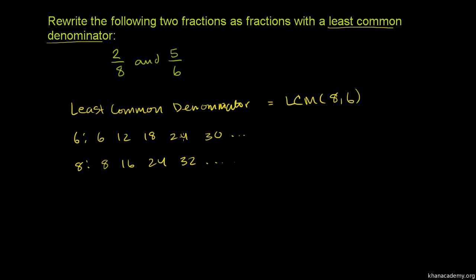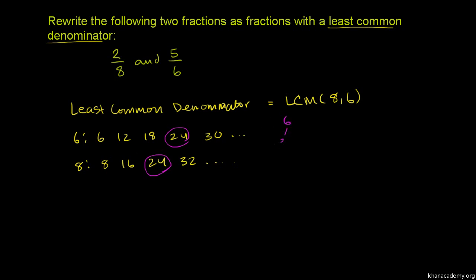But I found a common multiple, and this is their smallest common multiple. They have other common multiples, 48 and 72, and we can keep adding more and more multiples, but this is their smallest common multiple, their least common multiple. So it is 24.